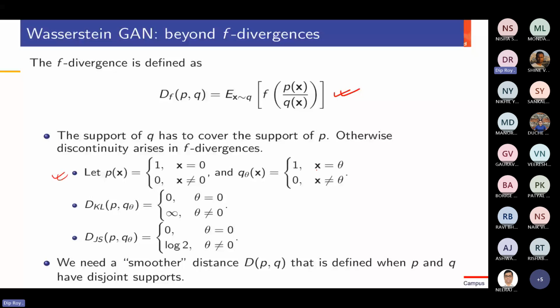And if both of them are equal to 1, let's say we're talking about KL, let's say the KL is 1. Okay. However, if theta is not equal to 0, then what will happen is this particular Q of X will be 0 and this P of X may be 1. In that particular case, we get an infinity.